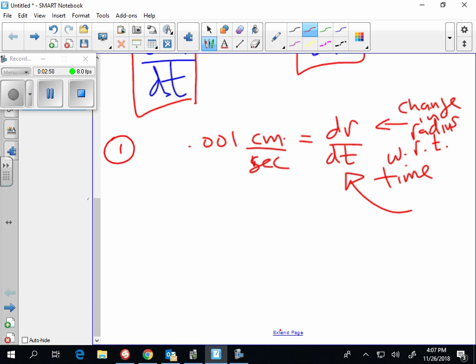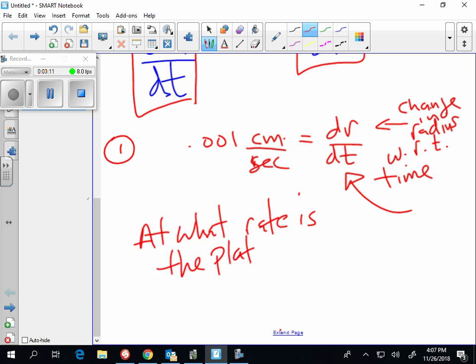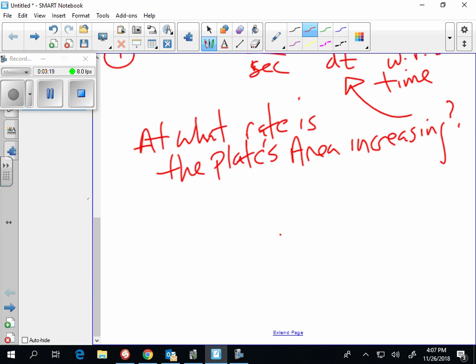Okay? So name things calculously. Next, at what rate is the plate's area increasing? Well, let's think about naming this calculously.